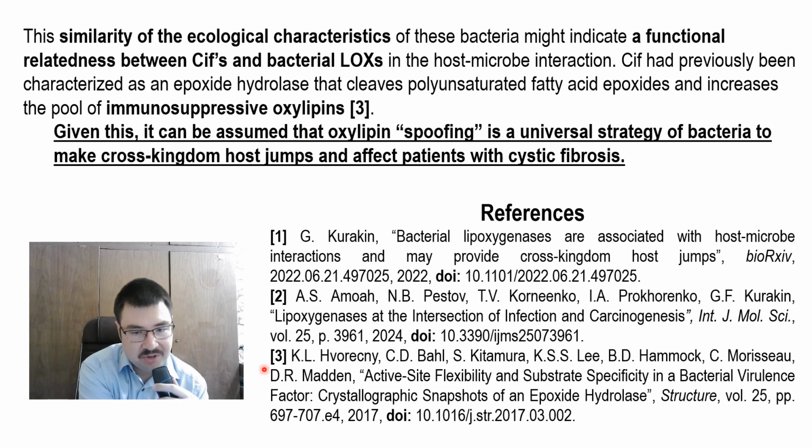The reference is included here. So we can assume that oxylipin spoofing is a universal strategy of bacteria to make cross-kingdom host jumps and affect patients with cystic fibrosis. And the similarity of ecological characteristics of these bacteria might indicate a functional relatedness between CIFs and lipoxygenases.